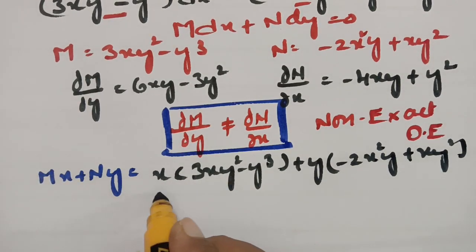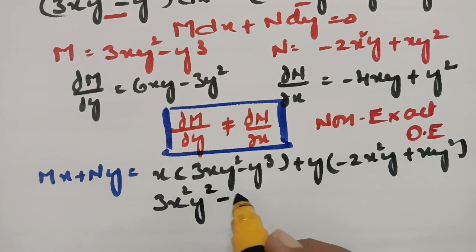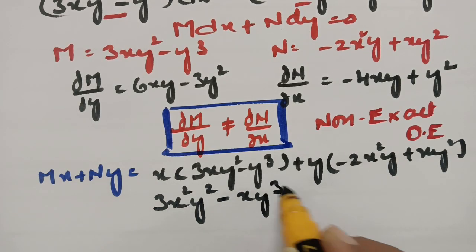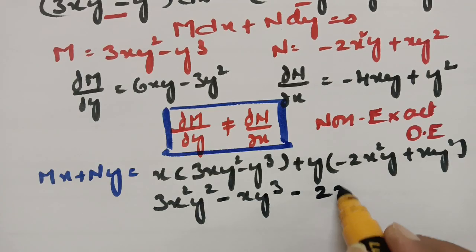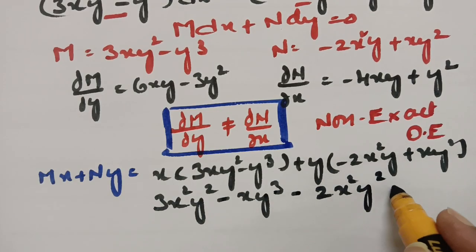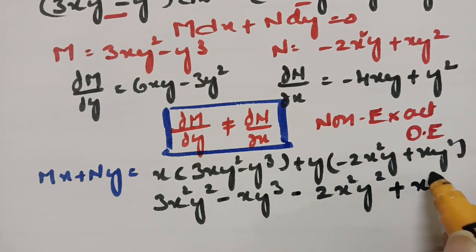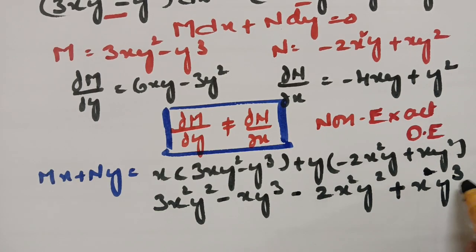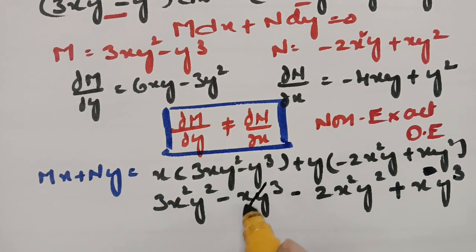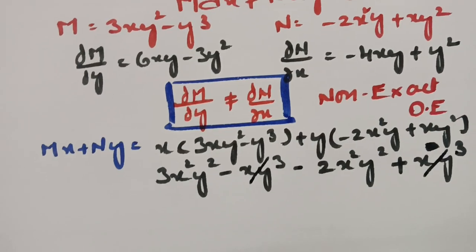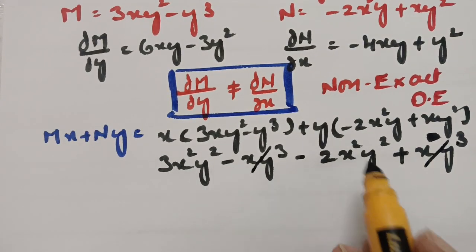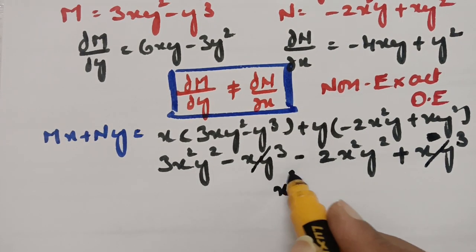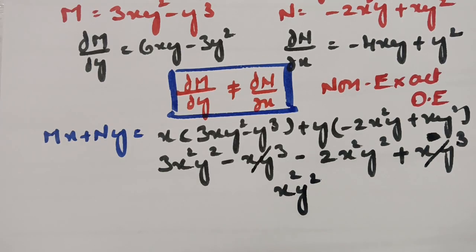If I multiply, this will be 3x²y² − xy³, and the second part will be −2x²y² + xy³. So the xy³ and −xy³ got cancelled, and 3x²y² − 2x²y² is nothing but x²y².